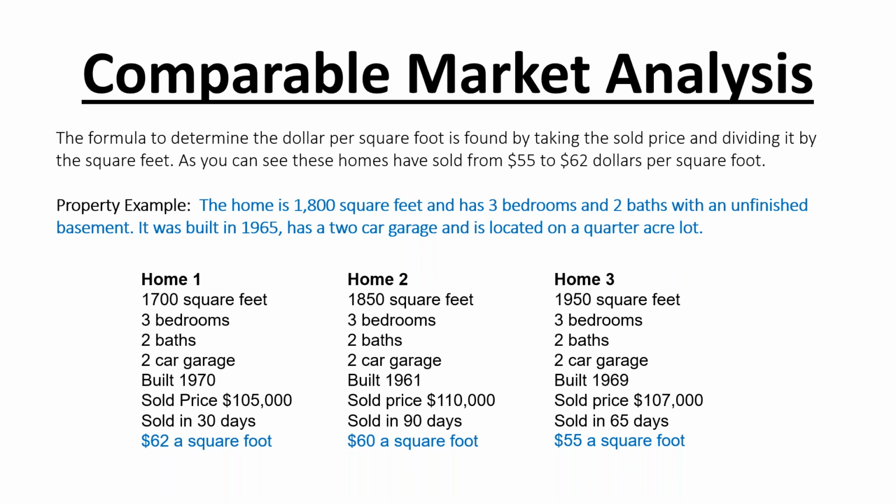We're going to look for similar types of properties in their total square footage. If it's homes, then we want to find comparable homes that are as similar and as close to the property as we can, so that we can find properties that have sold and determine about what their dollar per square foot was.